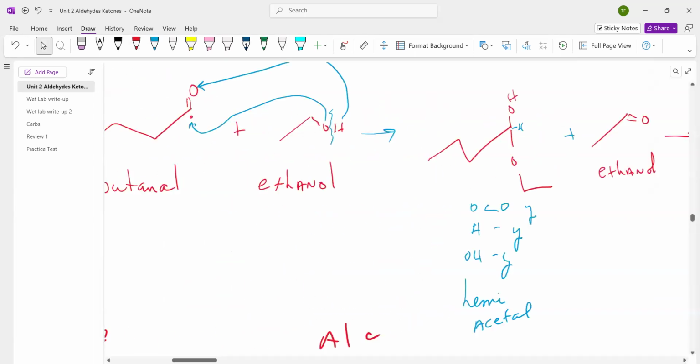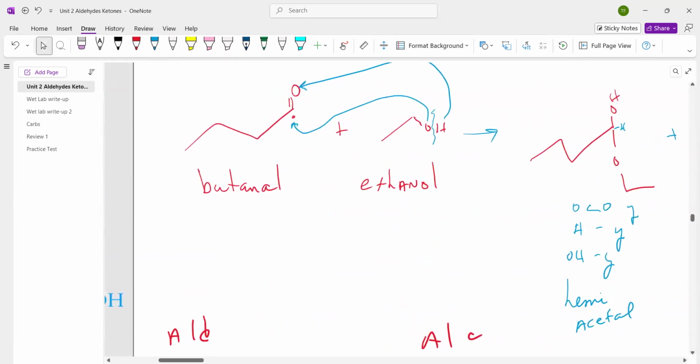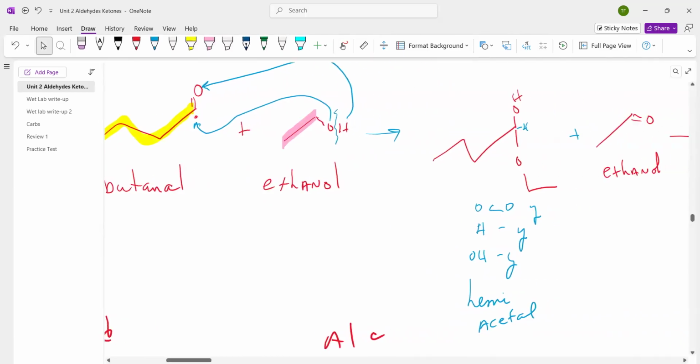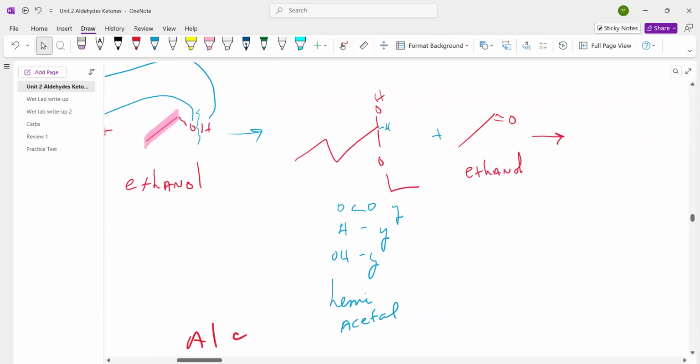Oh, by the way, I meant to mention: primary backbone, secondary backbone. Secondary backbone, primary backbone.